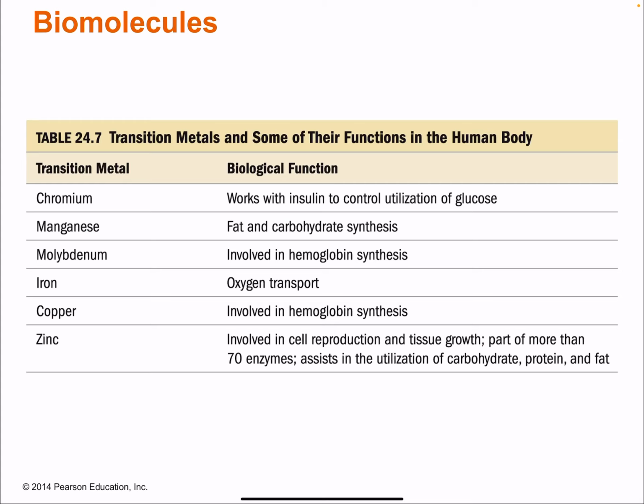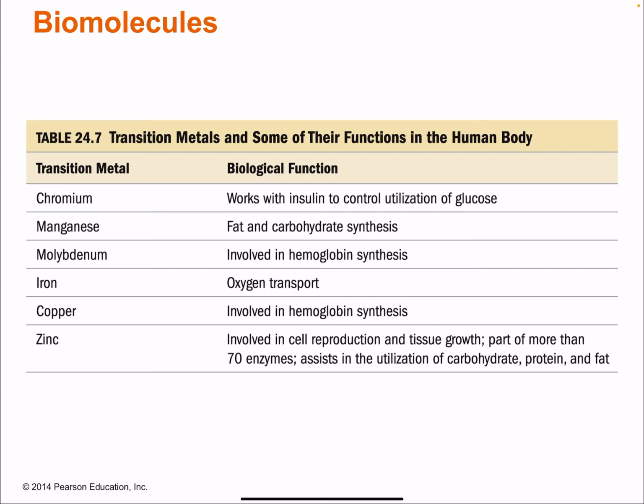Okay, so there's also a lot of applications in biology. A lot of biological molecules, which we call proteins, have transition metals somewhere in them that creates a very active function of that protein. For example, chromium works with insulin to control utilization of glucose.